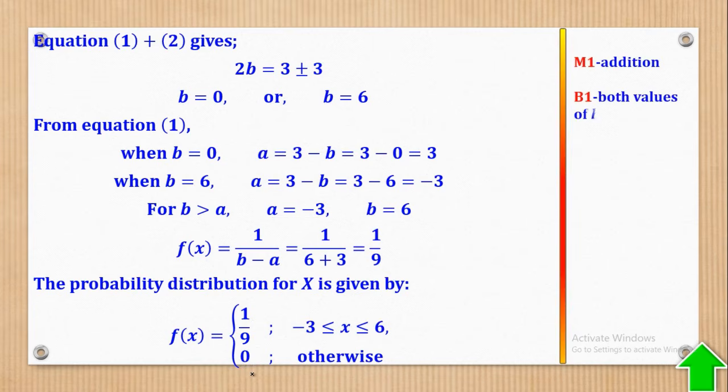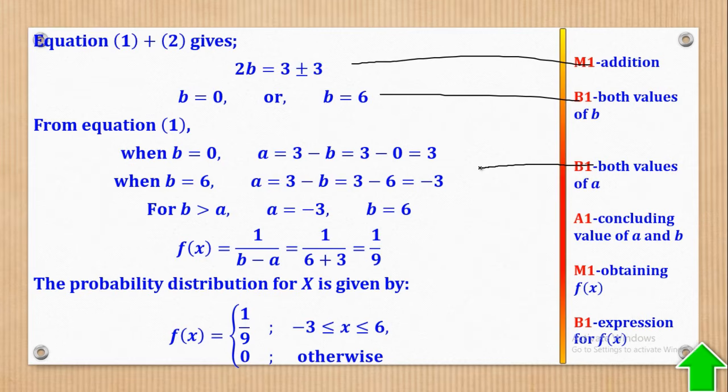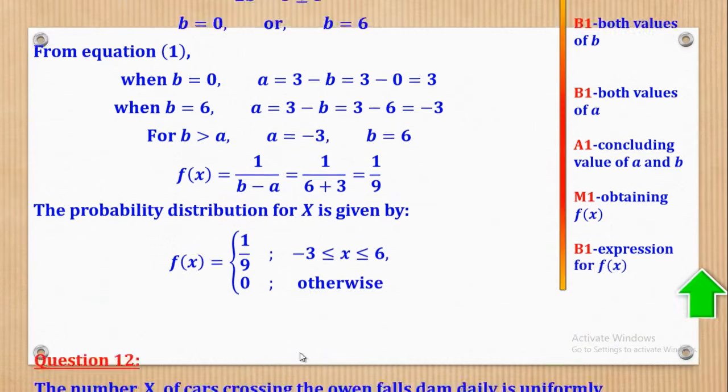Let's see how marks can be awarded. M1 for addition, B1 for both values of b, and here both values of a, and here concluding, getting the function f(x), and here setting the expression of f(x) with 0 elsewhere seen.